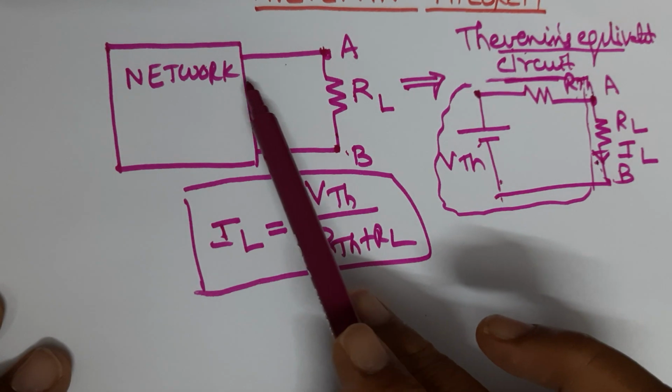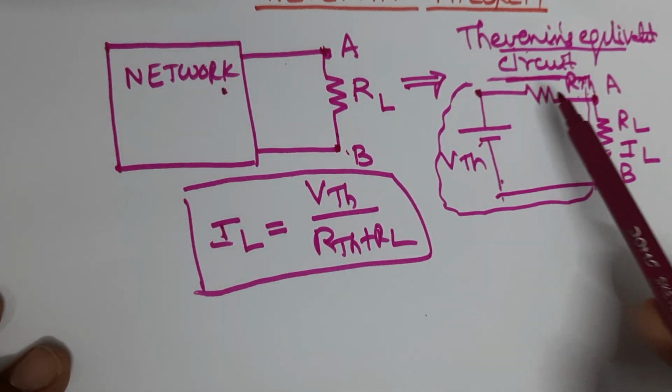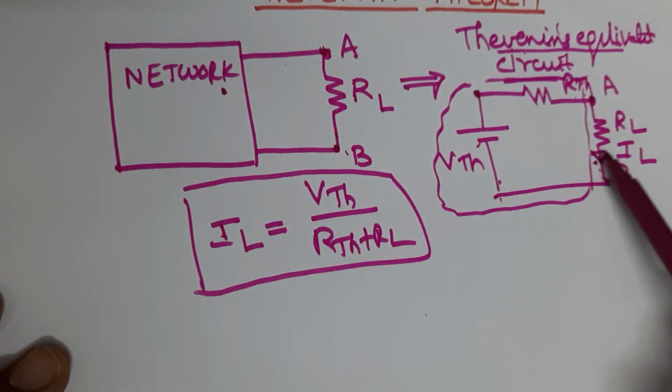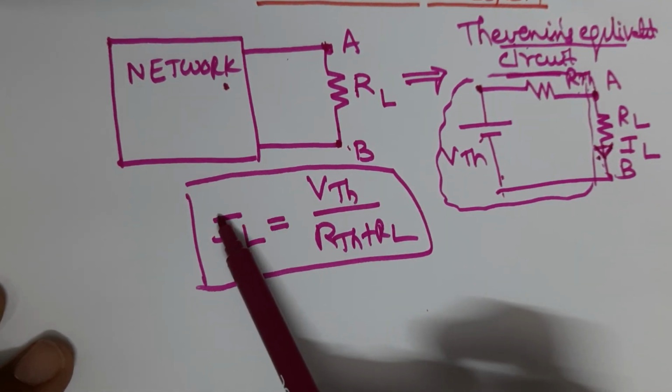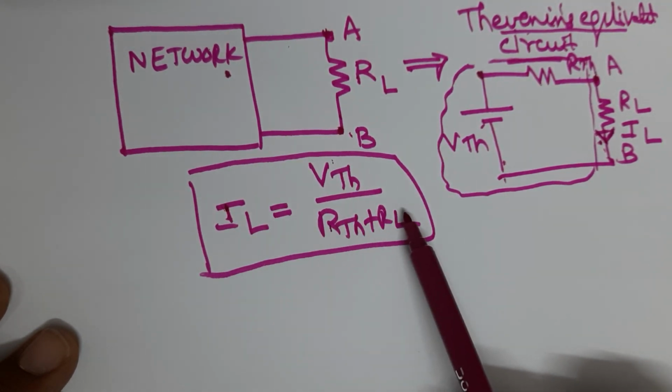Once we replace the given network with an equivalent circuit, we can easily find the current flowing through the load resistance by using the formula IL equal to VTH divided by RTH plus RL.